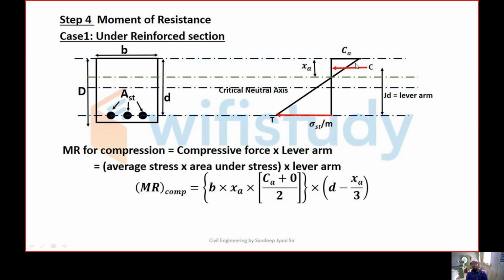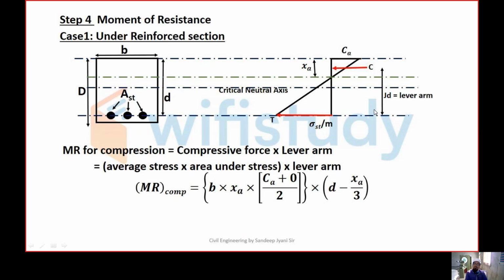It lies at a depth of 1/3 from the base of the triangle. You all know where the center of gravity lies for various kinds of sections like circle, triangle and rectangle. Similarly, here it is a triangle, so from the base it will lie at 1/3 of the height.